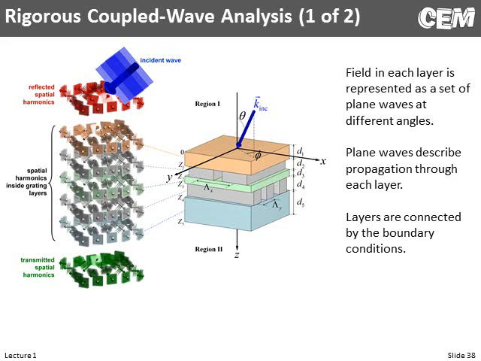And while I've drawn these in physically separate spots, they're actually all overlapping. I just drew them separate so you can see them all. So in each layer, we're decomposing the field into these plane waves, all at these different angles. And remember, hopefully somewhere along the way, you took a square wave function and you Fourier transformed it into a series of sines and cosines.